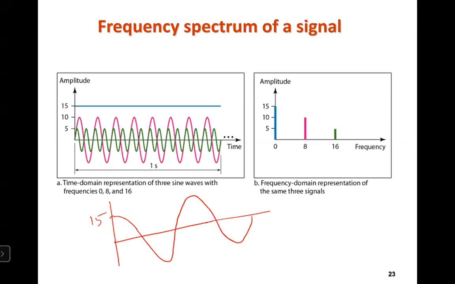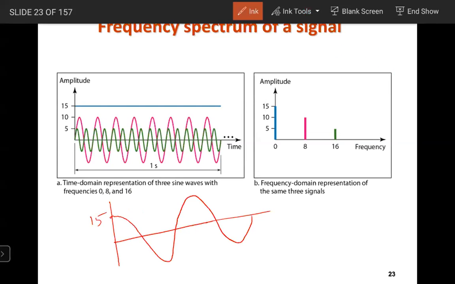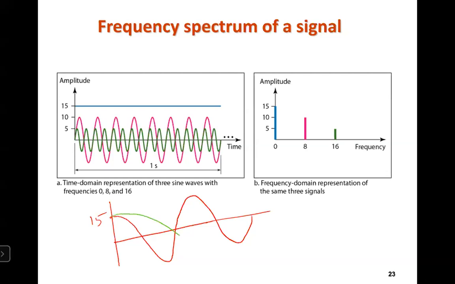Now let us say this signal's frequency is changed. If this frequency is changed, take another color. Now let us say it is 1 hertz. What will be the amplitude of this green signal? Will it be 15? Yes or no? Yes. But still its frequency is decreased.